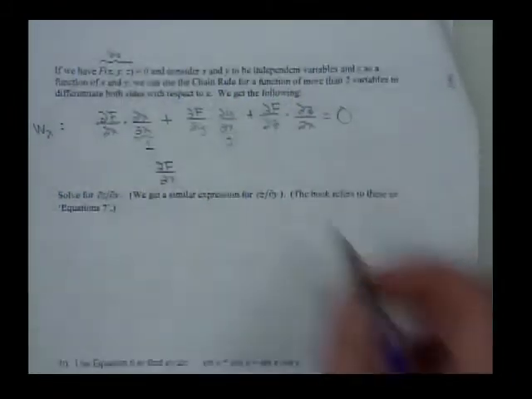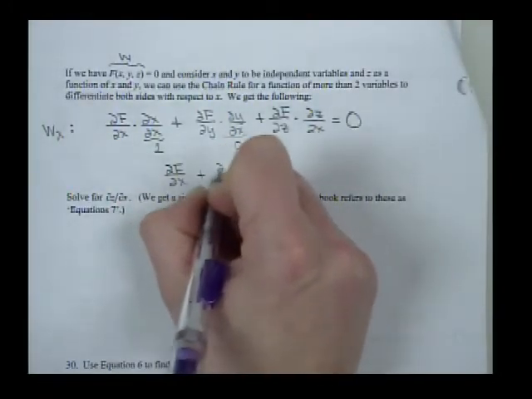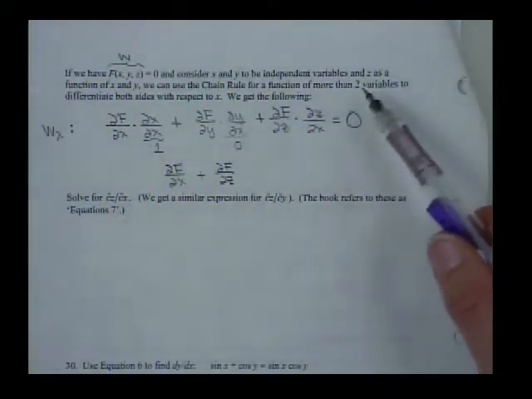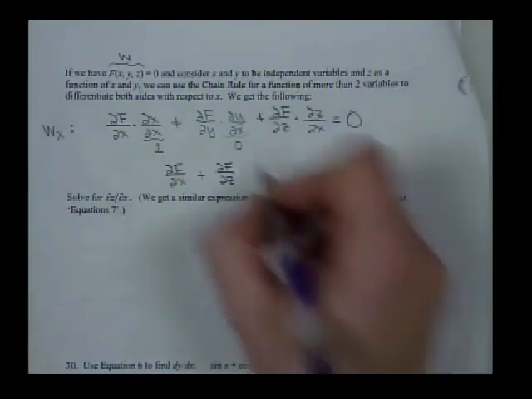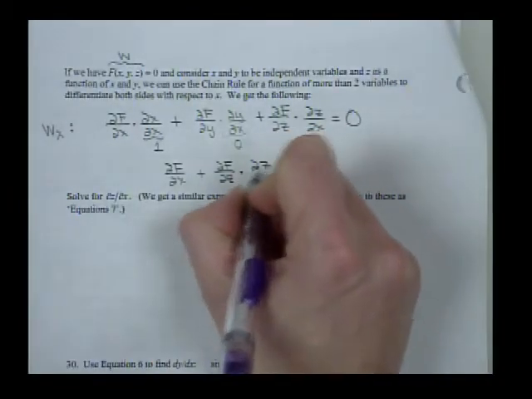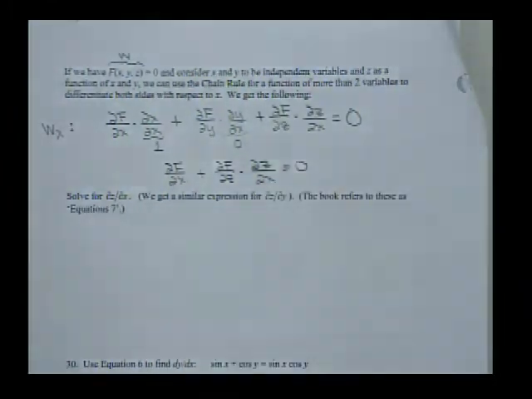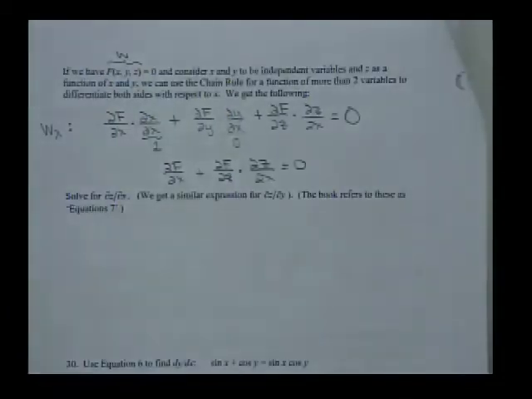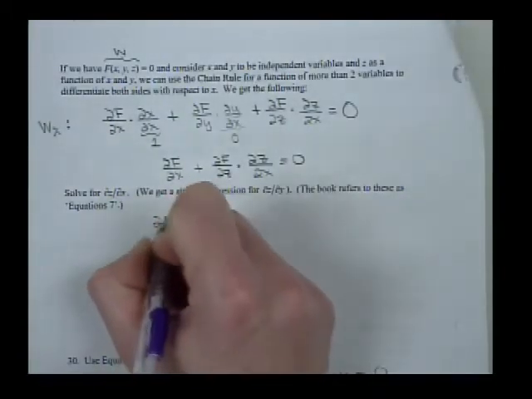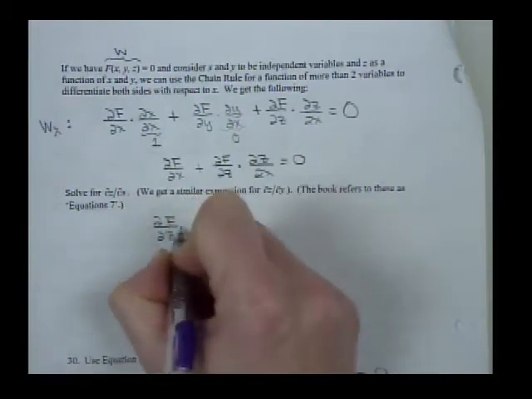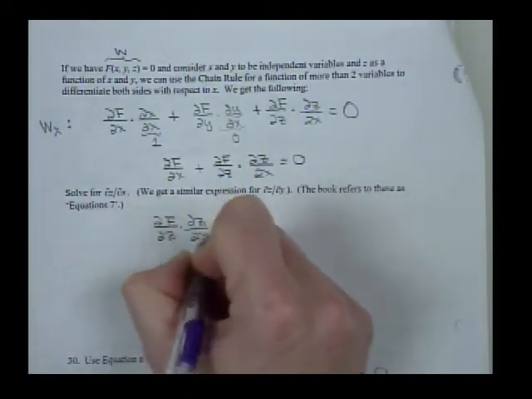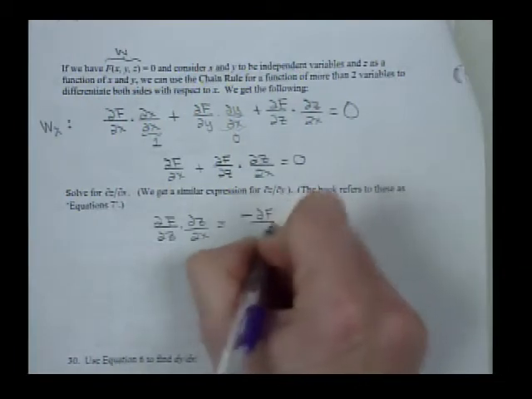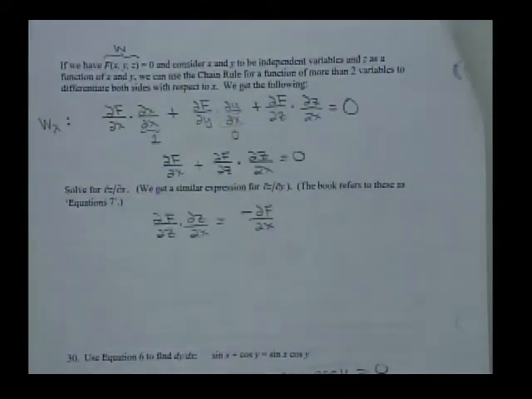Okay, and then we'll have the partial of f with respect to z. And remember, z is understood to be a function of x and y. So we'll still have times the partial of z with respect to x. And so they want us to solve for the partial of z with respect to x. So the first thing we'll do is subtract the partial of f with respect to x from both sides. And then divide both sides by the partial of f with respect to z.